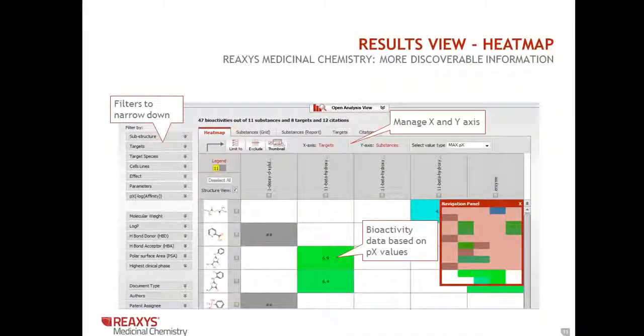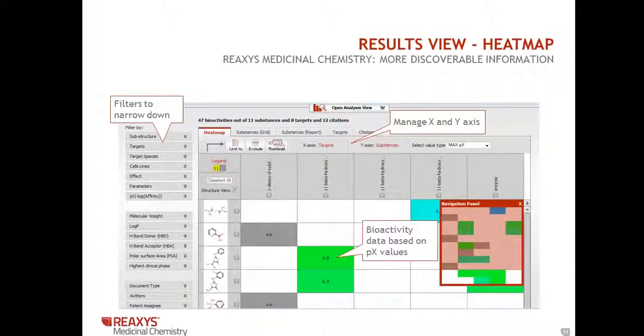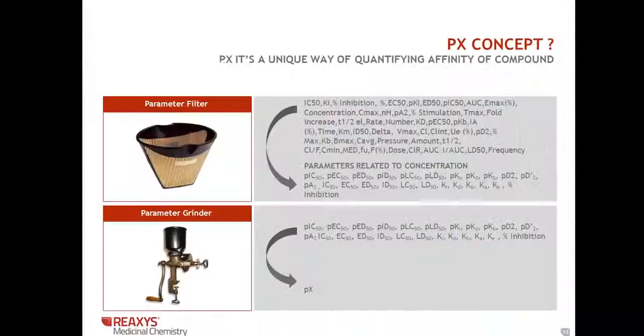The values given for the bioactivity are pX values. The pX values are calculated from the data so that the data can be normalized and compared across publications and bioassays. The pX values are useful for searching patents, where affinities are usually displayed as ranges and very difficult to compare.